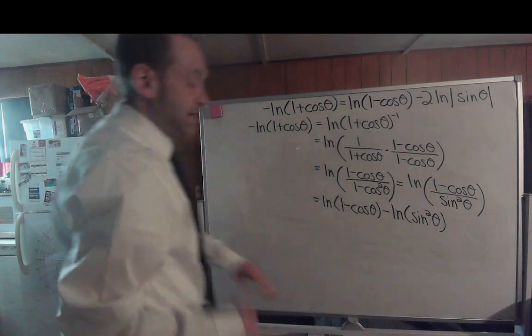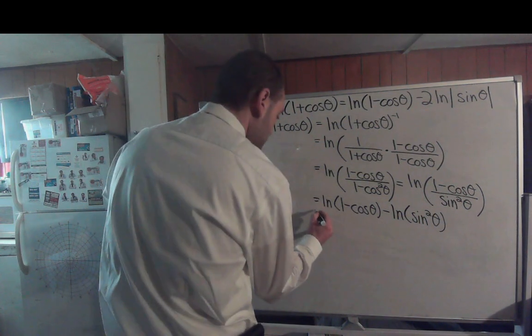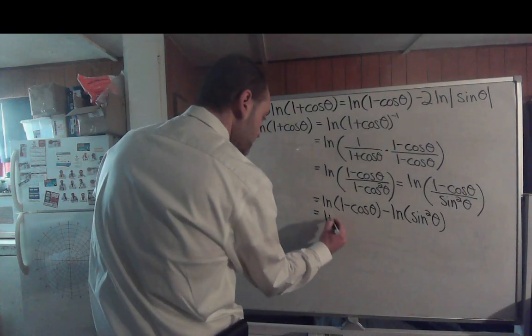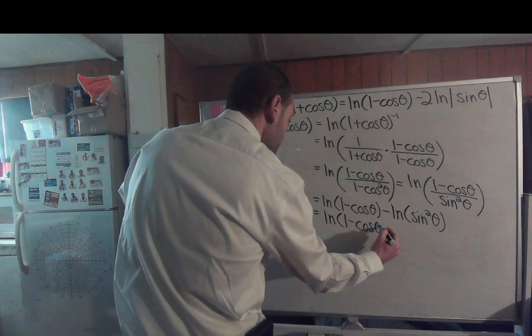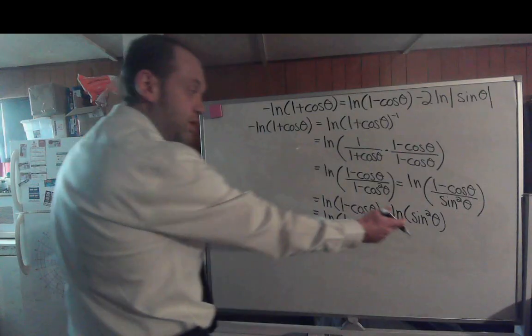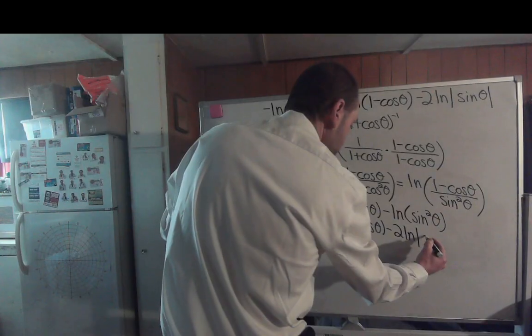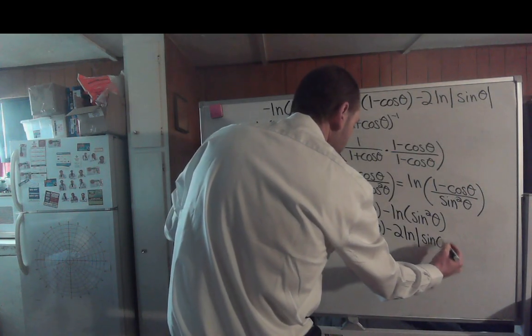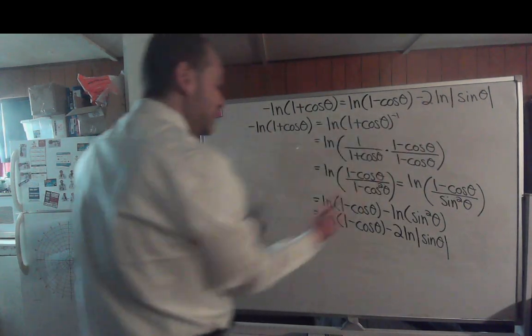Again now, the sine is to the second power, so we have a power rule on a log. So this is going to equal the natural log of 1 minus the cosine of theta minus, that power comes out front, so minus 2 times the natural log of the absolute value of the sine of theta. So we have just verified this identity.